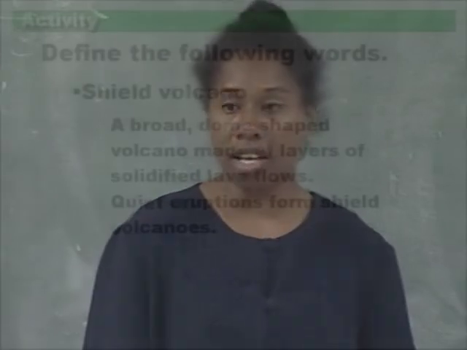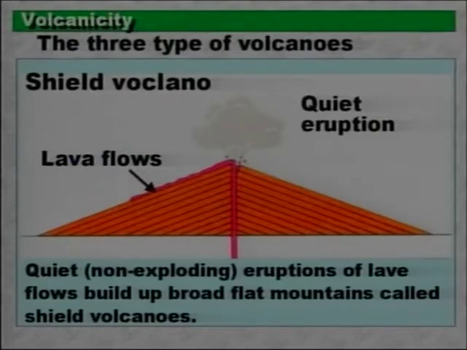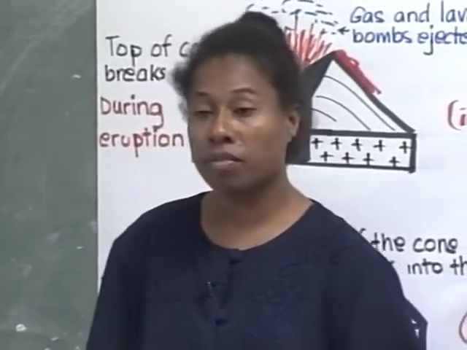Okay, we check the definition for shield volcanoes. A broad, dome-shaped volcano made of layers of solidified lava. Okay, with that shield volcano definition, we move on to the third word given, Shelley, composite volcano.